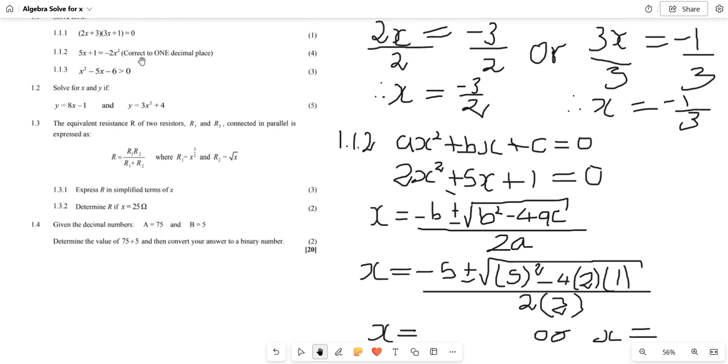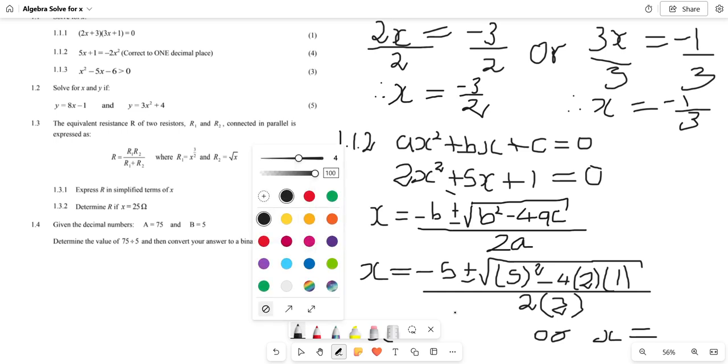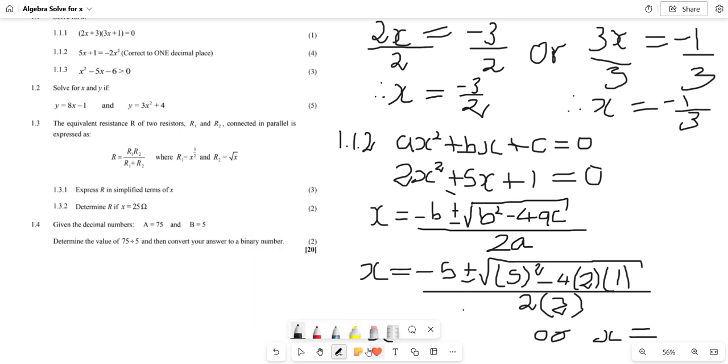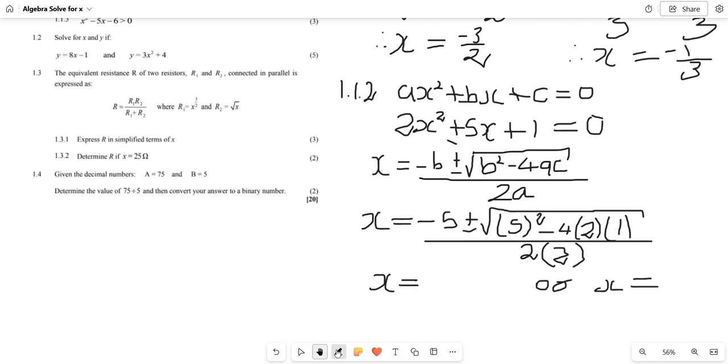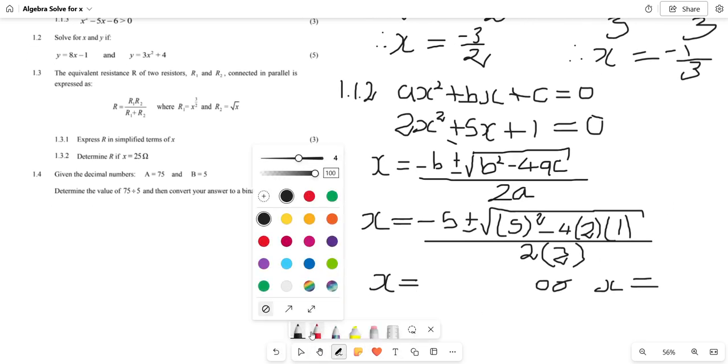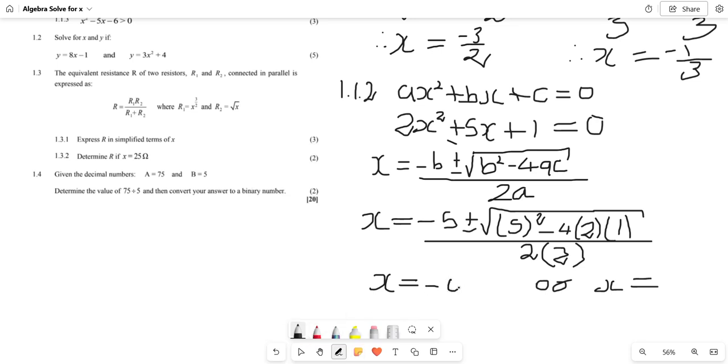We must round off the solutions of x to 1 decimal place, meaning that we only want to see one number after a comma. What do I have here? I have negative 0 comma 219. Then it becomes negative 0 comma 2.